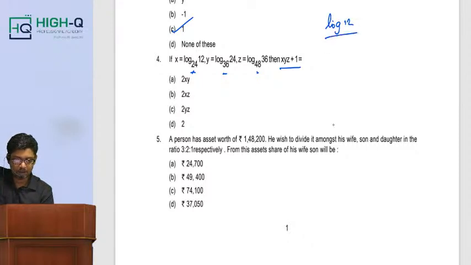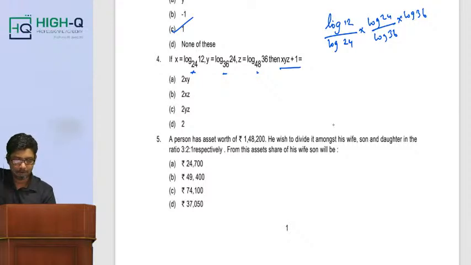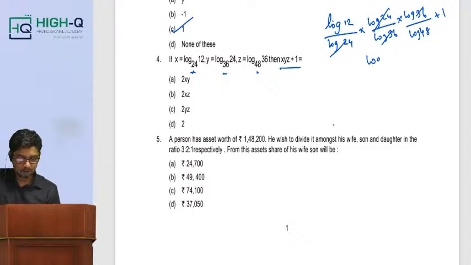You know what is change of base rule: log 12 by log 24 into, next one is y, log 24 by log 36 into log 36 by log 48. Guys, is everything all right, my dear? Cancel, cancel, cancel. Okay, so what we get is log 12 base, that is log 48.